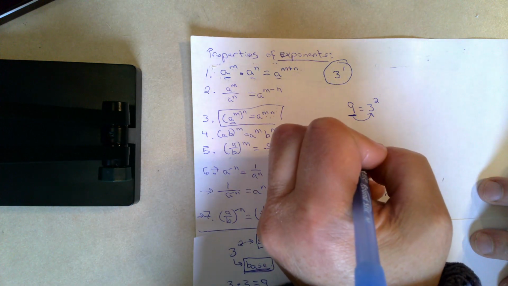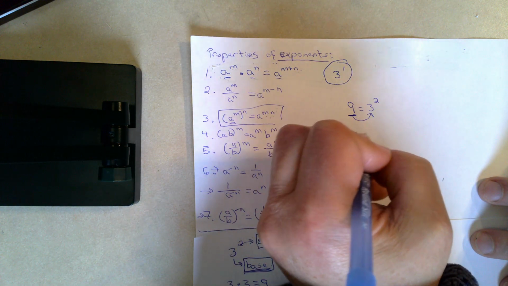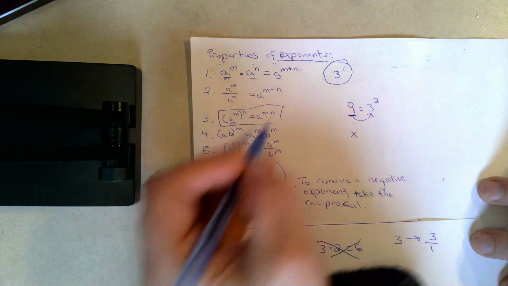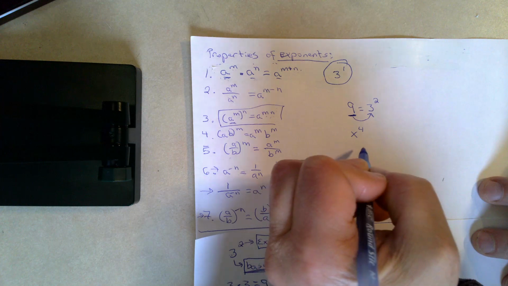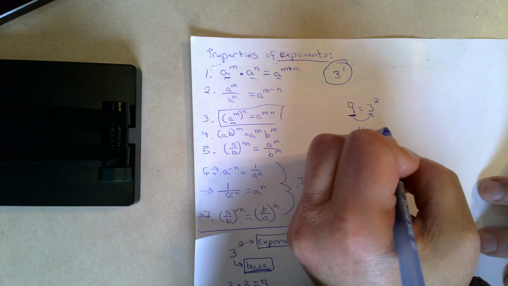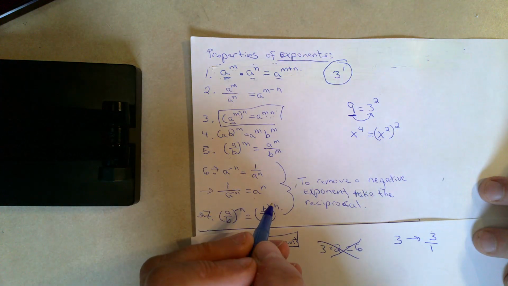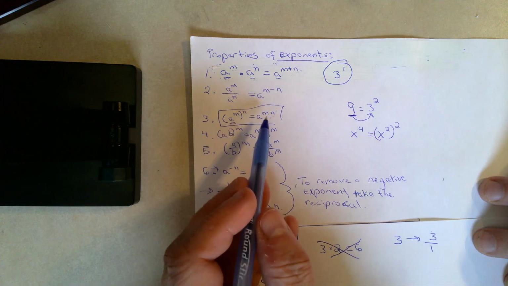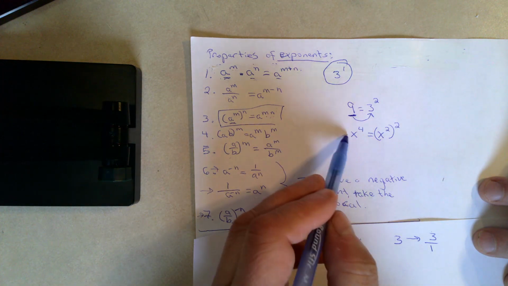Same thing when I'm using just regular variables. Okay, I might use other properties here. I might say, x to the 4th. I'm doing quadratics. How is this going to help me? I can break this down into something like this and use this rule right here and go back and forth.